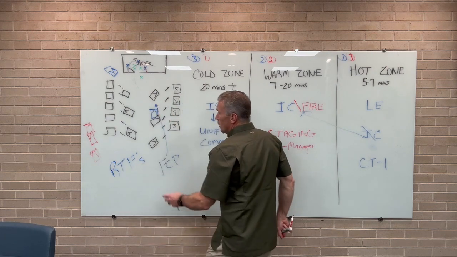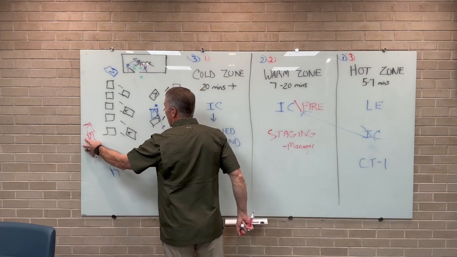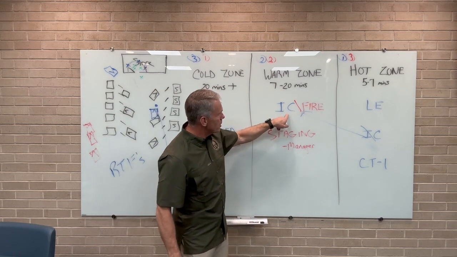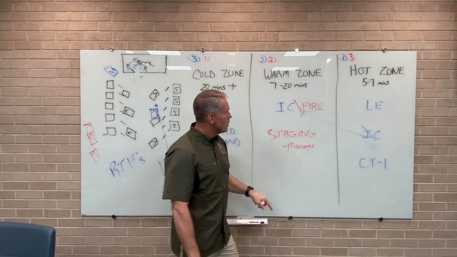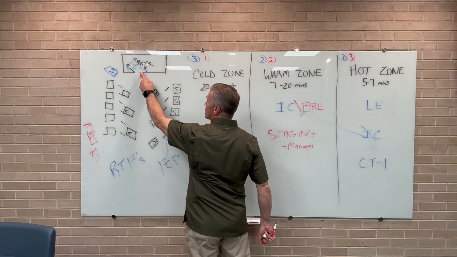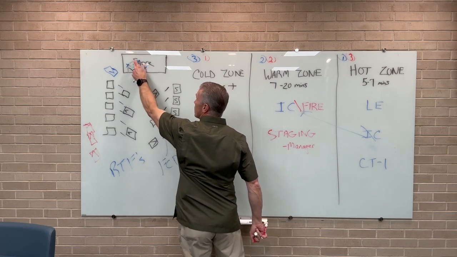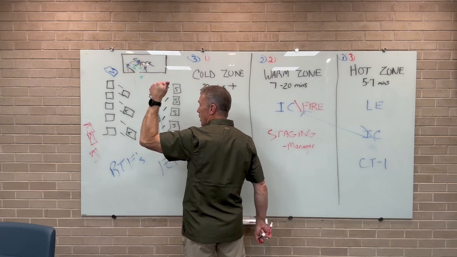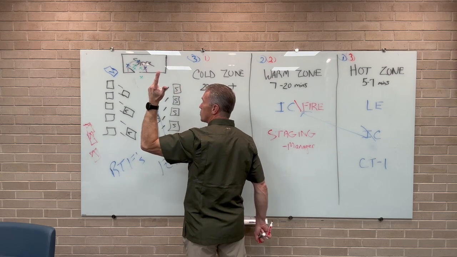These RTFs are then coordinated through your police command and your fire commander. They're coordinated to ultimately go into the warm zone. When the RTFs are inside and starting to provide the triage treatment, then the next thing is transport.